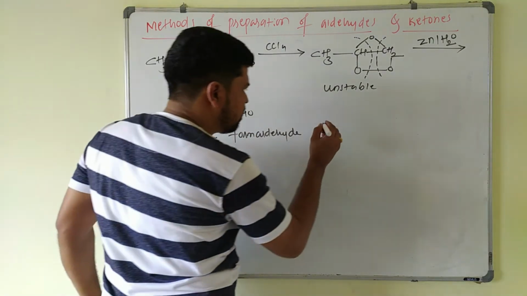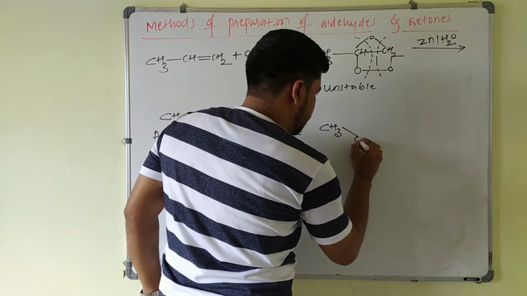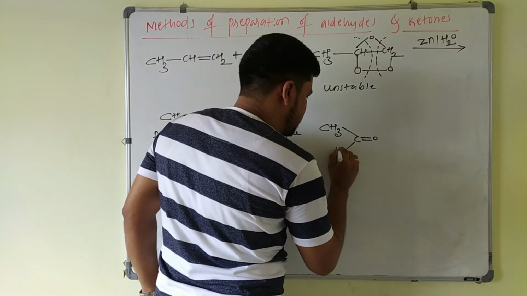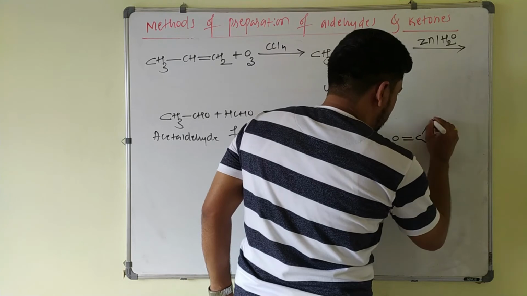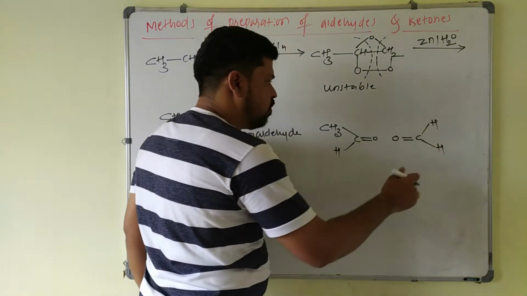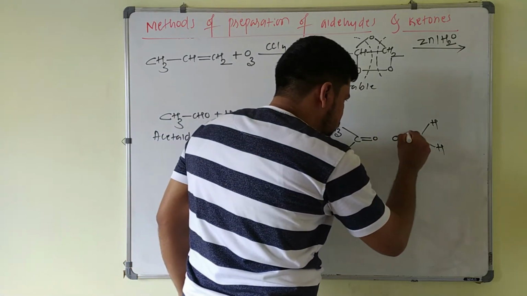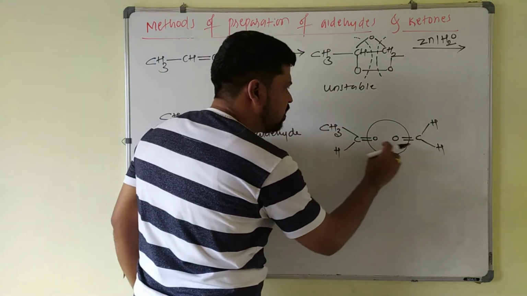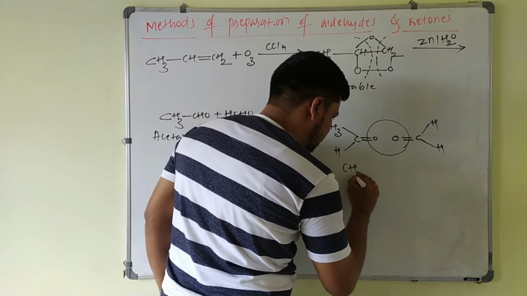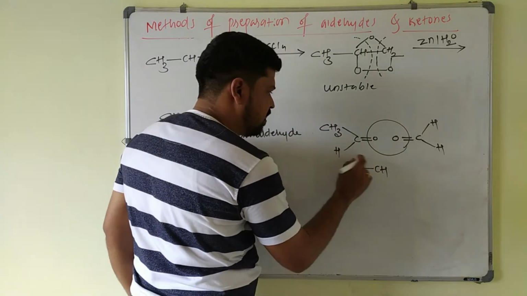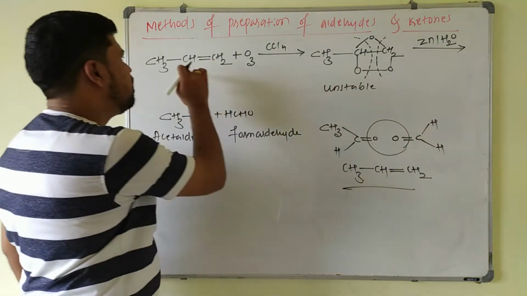Suppose I write like this, this is CH3 and this will be C double bond O, H. This is your acetaldehyde, and you have to take this formaldehyde. These two must be written such that the carbonyl groups are facing each other. If you remove these two oxygens and connect these two carbon atoms with a double bond, again you will get CH3 single bond CH double bond CH2. Again you will get the same alkene here.